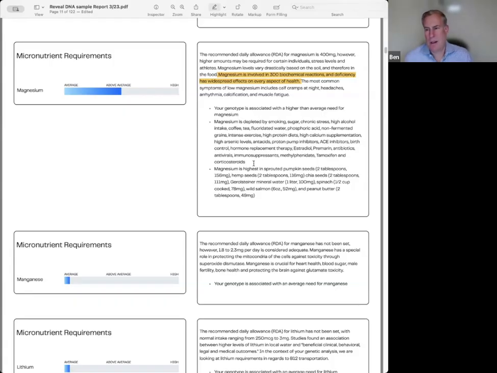So you can see it's getting impacted a lot in this country.